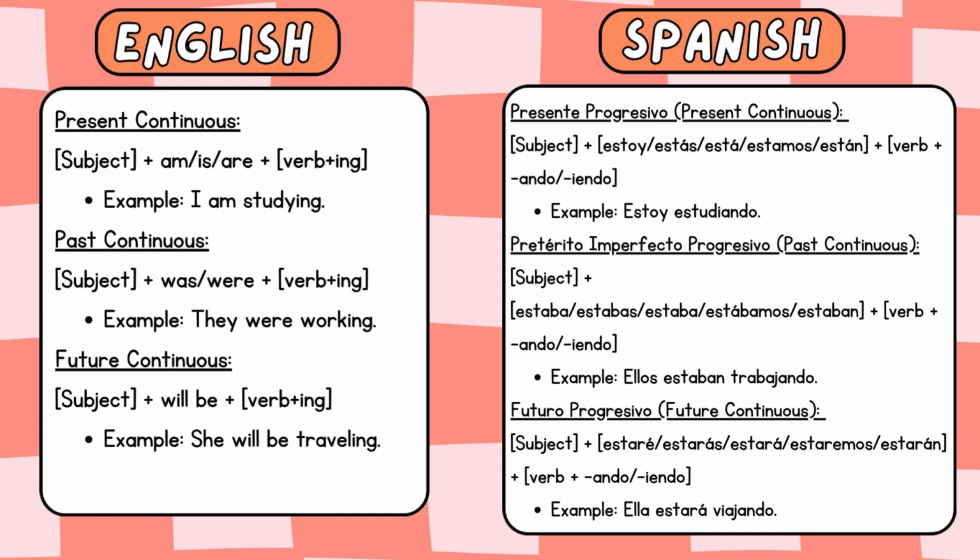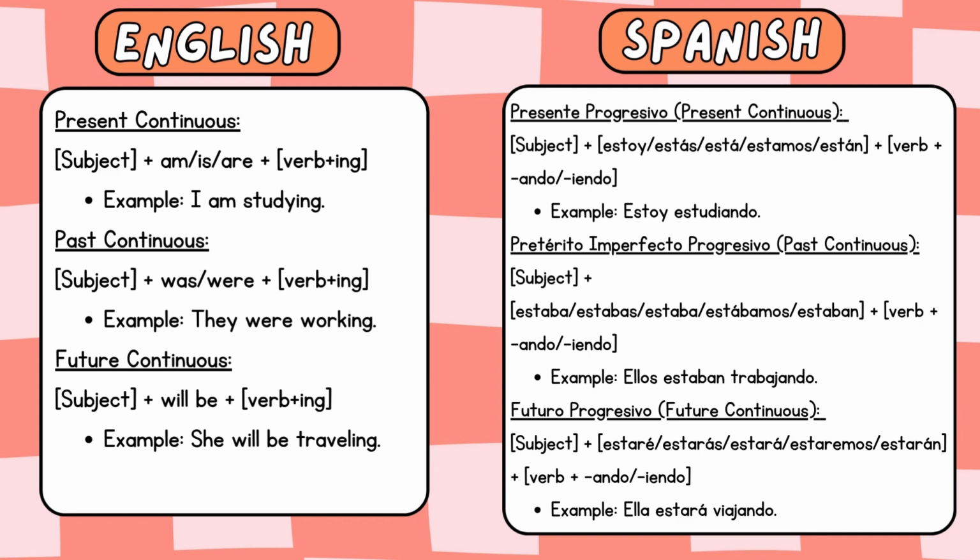In Spanish, we have its equivalents. For example, an equivalent for the present continuous, the presente progresivo, which has in its structure a subject plus estoy, estás, está, estamos, están, whichever conjugating form we need, plus the verb with its suffix ando, yendo, for example, estoy estudiando.